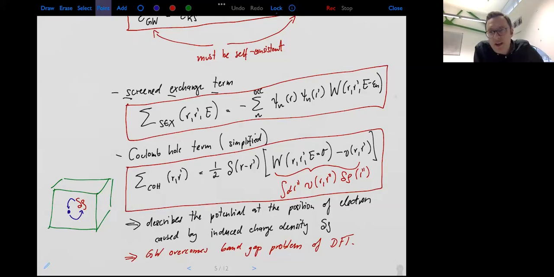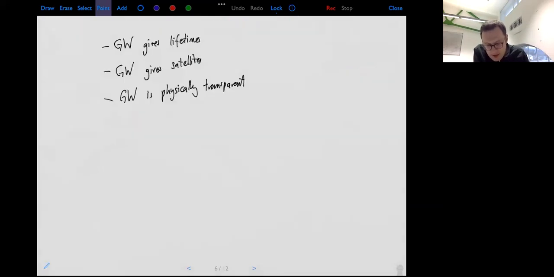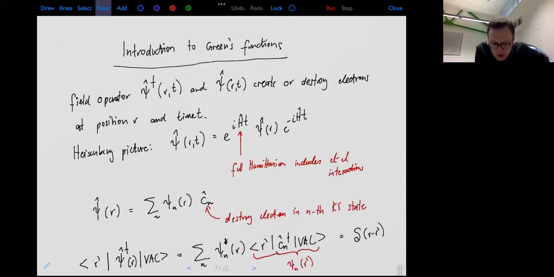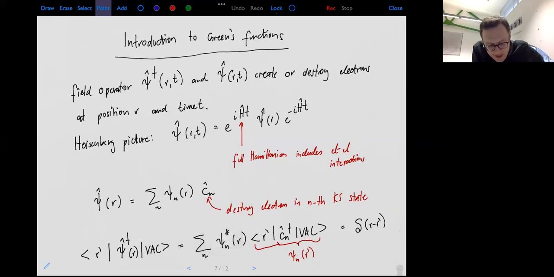Okay, so that was the first part of last week's lectures, where I gave this hand-wavy introduction. And then we started trying to derive this GW theory from first principles. And to do that, we had to introduce the concept of a Green's function, which basically required first an understanding of what a field operator is.